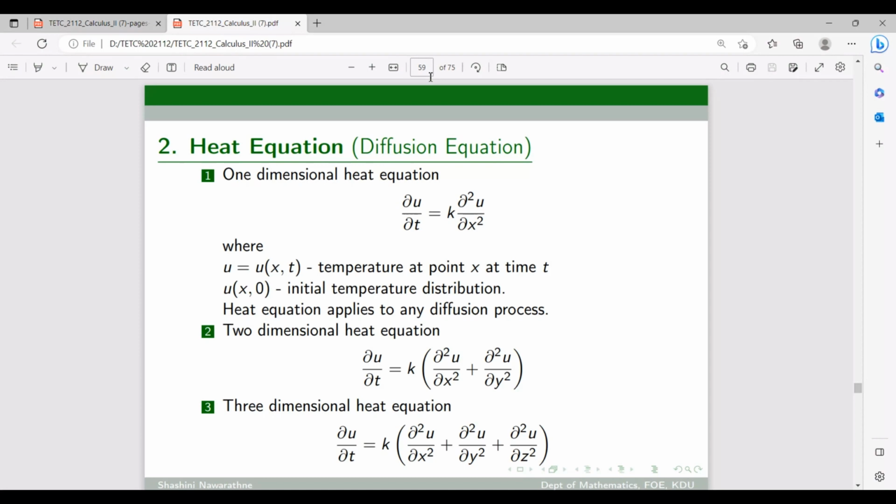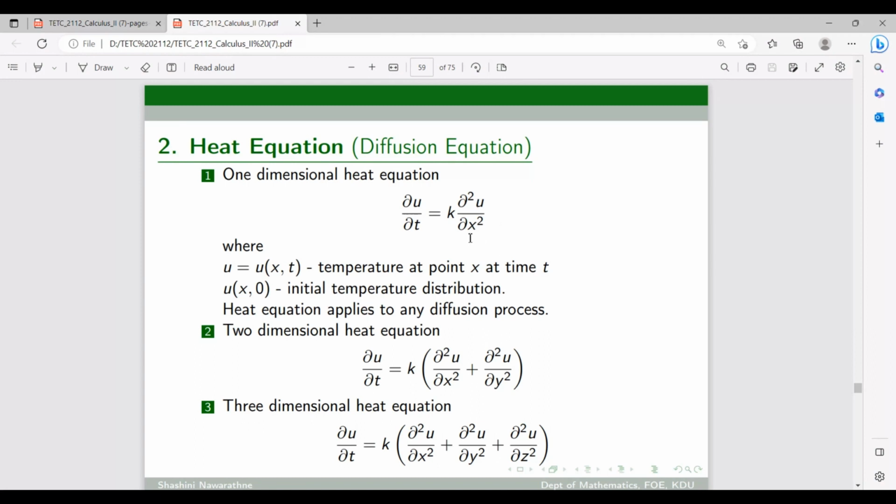Just look at this first equation. You can see that the partial derivative of u with respect to t is equal to k times the second order partial derivative of u with respect to x.